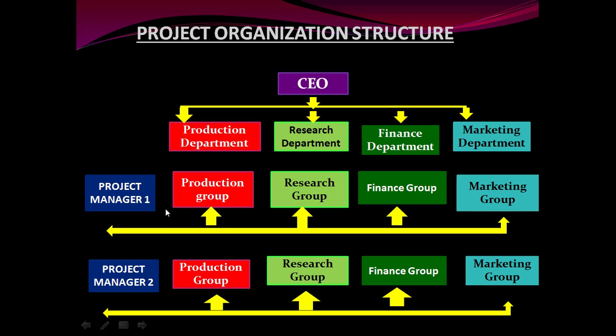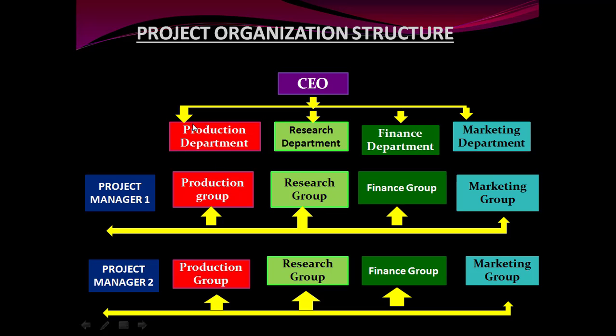This is what I was talking about, that when an employee is working in the project group, then he has no reporting to his own departmental manager. So here an employee from the production department has come and he is working in a project, so he'll be reporting to the project manager. He will not report anything to the production department, right?